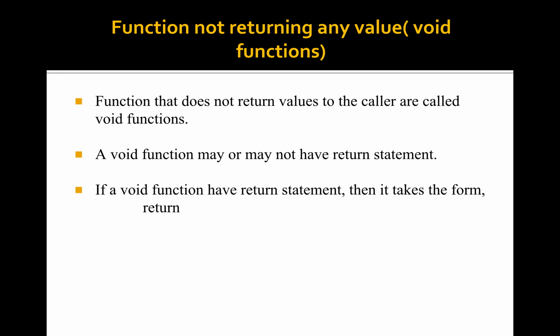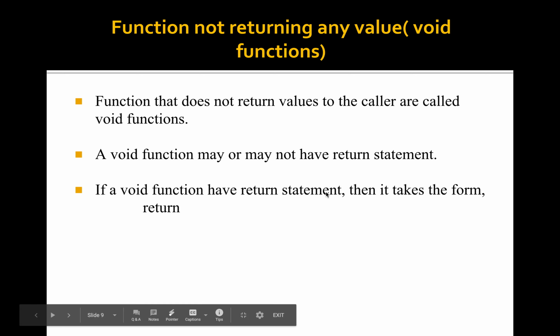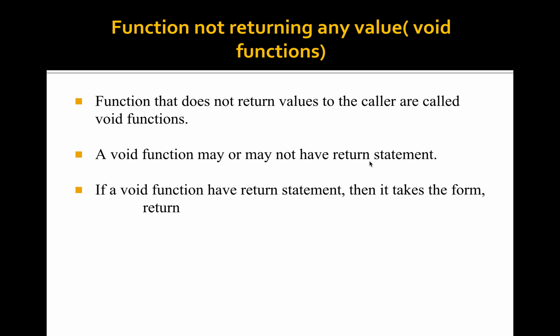If the function is not returning any value to the caller program, which program is calling the function? That is mainly our main program. So if the function is not returning any value to the caller, it is called a void function. A void function may or may not have a return statement.